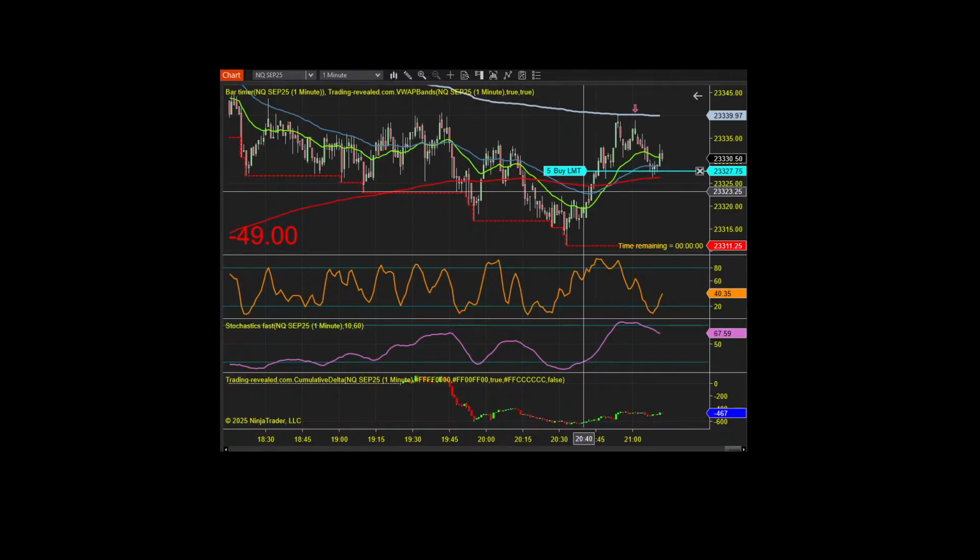But I'll keep a tight stop. Right now I have it set for 10 points both sides, and I'll move that up.